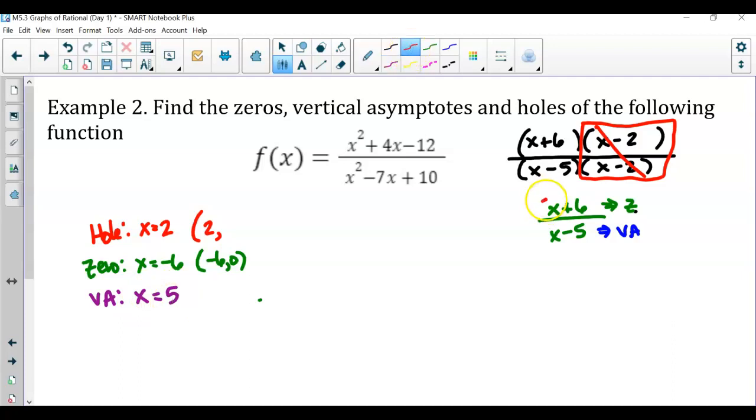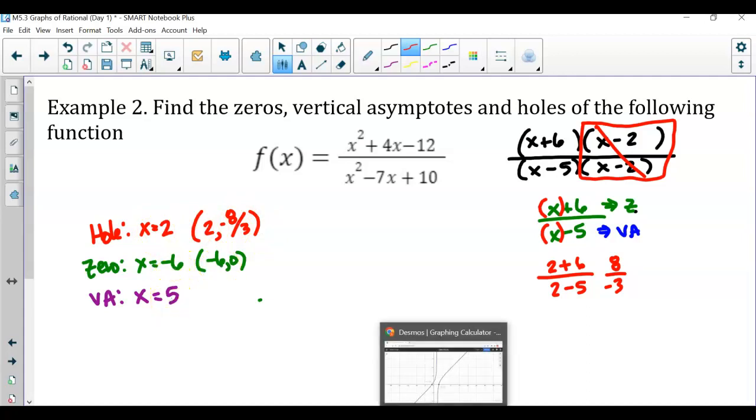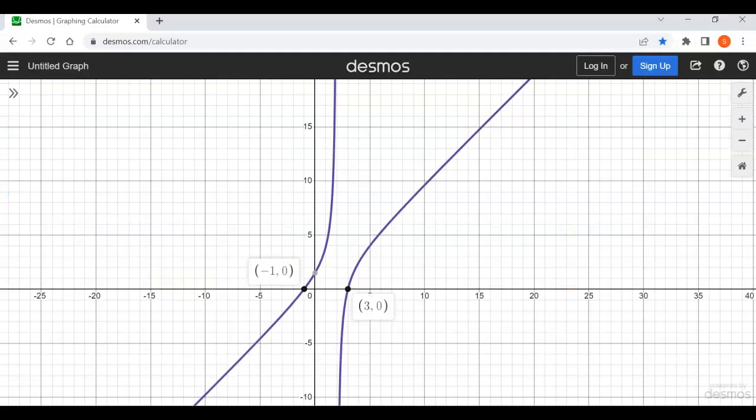By taking our x and plugging in 2 because x is 2. So 2 plus 6 over 2 minus 5. So now I have 8 over -3. That is the y coordinate. So now let's check the graph. We can't really see the hole, but see if we have the zero at (-6, 0) as the graph is approaching 5.